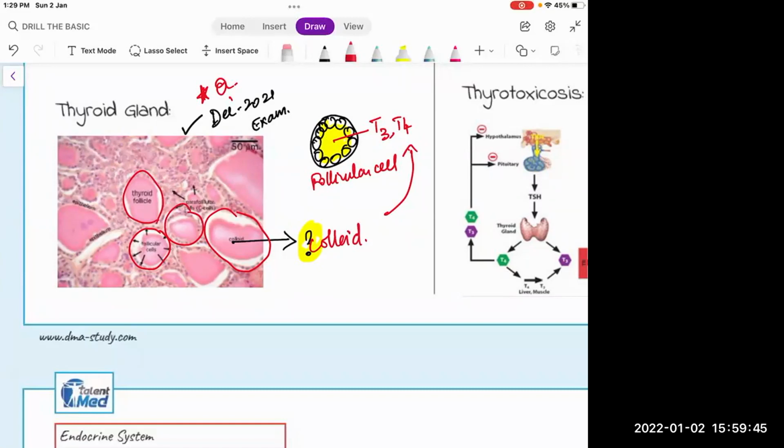So at the same time, you should also know about the parafollicular cells of the thyroid gland. The parafollicular cells, also called C cells, produce another hormone called calcitonin, which has a role in calcium homeostasis.